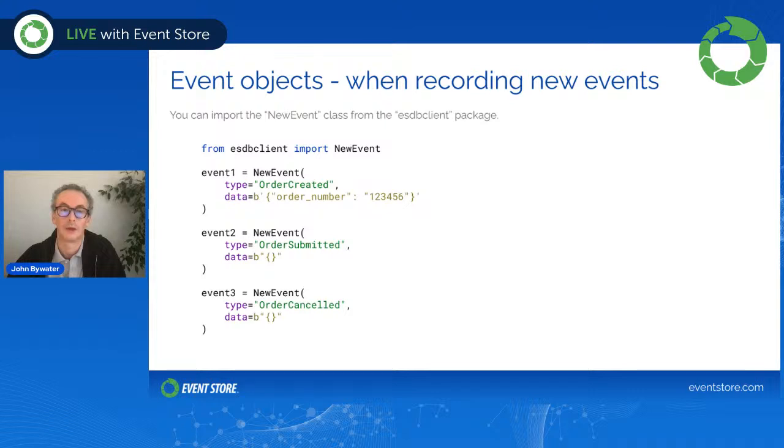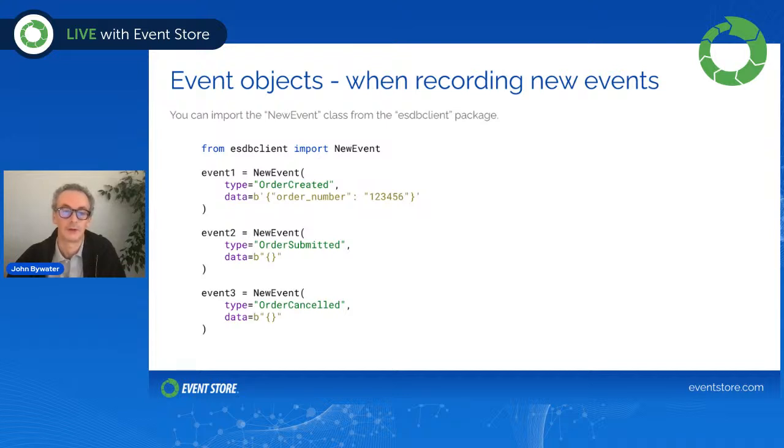The event objects can be constructed, for example, like this. Let's say we have three different types of event: order created, order submitted, order cancelled. We can just create them like this: event 1, event 2, event 3. These events will appear in subsequent slides.